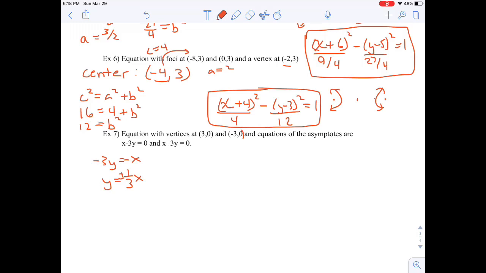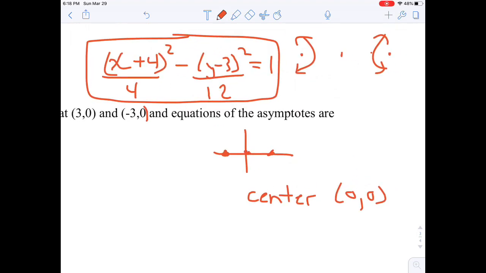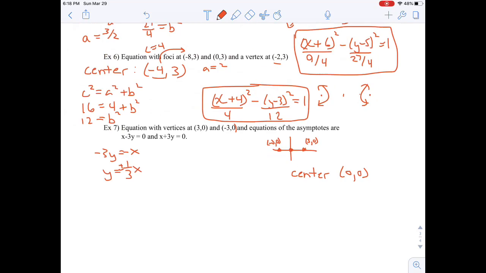The equation with vertices at negative 3, 0 and 3, 0 must put our center at 0, 0.